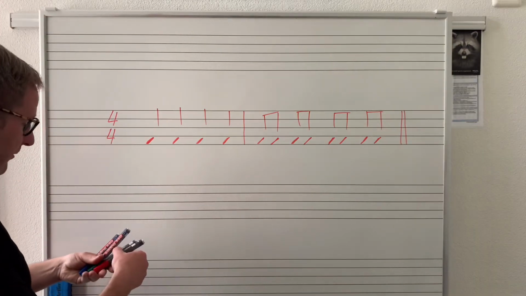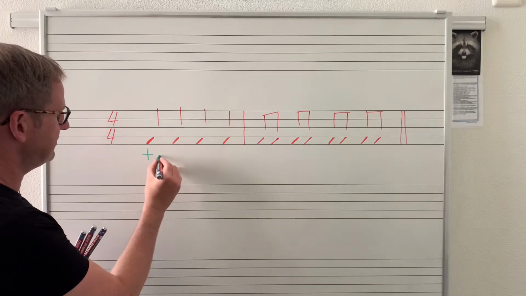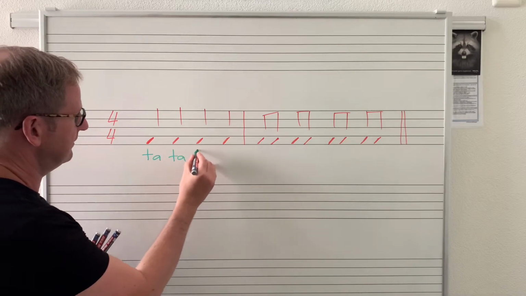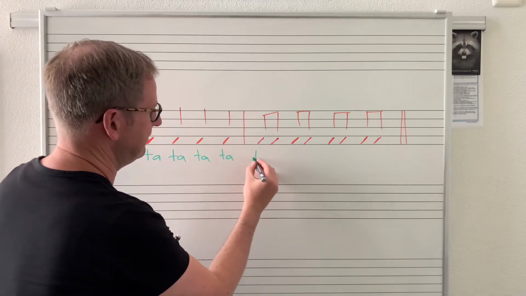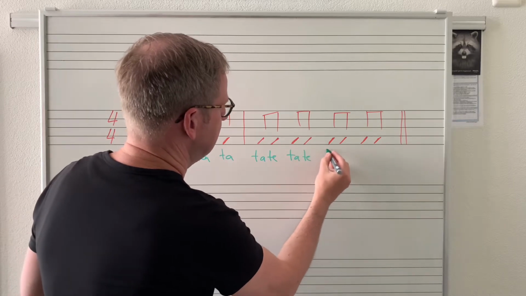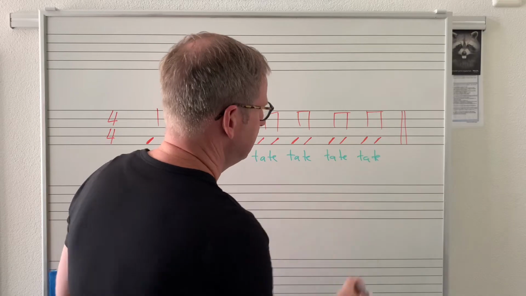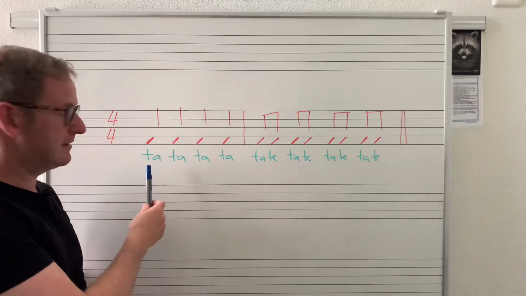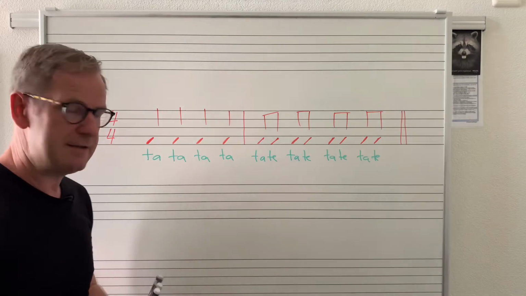Now, I will write here the rhythm language, ta, ta, ta, ta, and here you can simply write ta, te, ta, te, ta, te, ta, te. And now, where the syllable ta is, that is the beat.